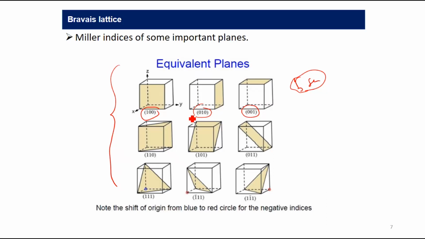Okay, there is nothing wrong about this. It's a competition. So what is this plane? You can see that it is cutting two of the axes, but for one axis it is parallel. So it's 110, 101, and 011. And the planes which are cutting all the three axes, let's say the positive parts of all the three axes, it is 111. If it is negative on some of the axes, it is 1 bar 1 1, and so on.